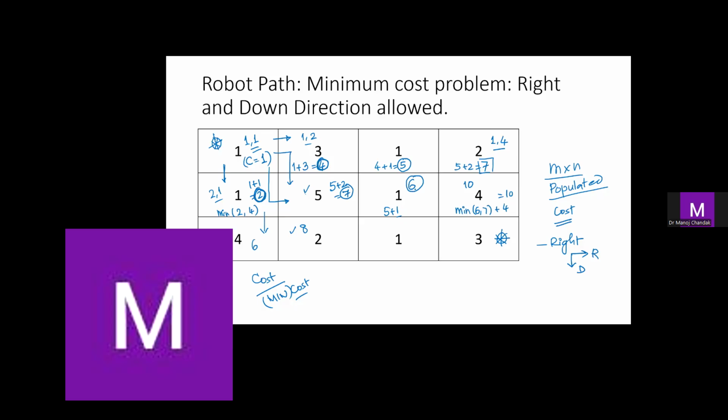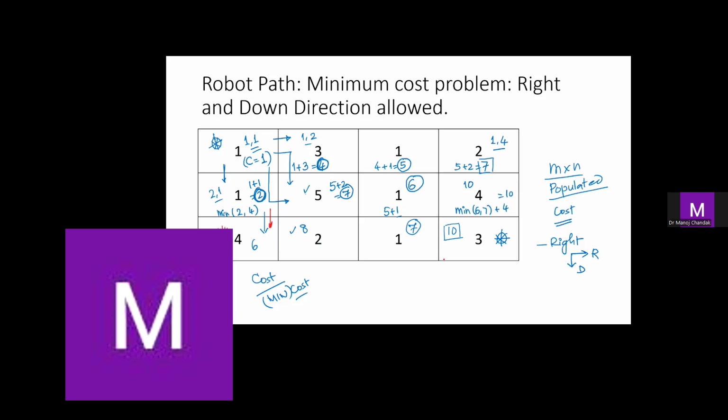Now out of 8 and 6, the minimum is 6. So 6 plus 1 is 7. And out of 7 and 10, the minimum is 7. So 7 plus 3 is 10. So the total cost of reaching the destination from the source cell is 10. I hope you understood this idea here because there is no option, so you will have to add 2 plus 4 equal to 6.